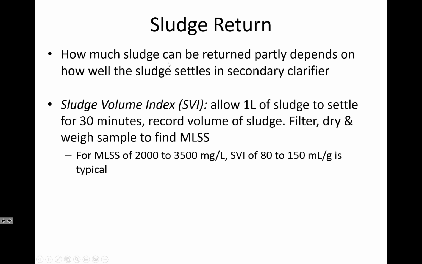Rather than settling faster because of interaction with particles, the particles are slowing down as they get closer to the bottom, because the sludge blanket at the bottom of the clarifier is impeding the settling of particles, because there's just kind of like a layer of material at the bottom that doesn't allow the sludge to settle as quickly as it ordinarily would.